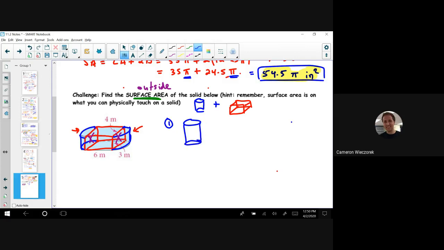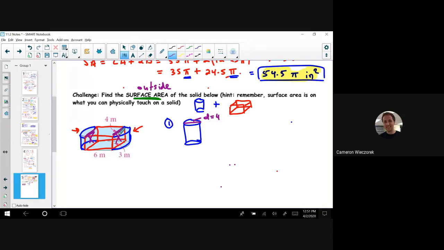What do I need? Well, if I want to find the lateral area, I need to know the perimeter of the base, so I need the circumference. What do we know? This little diameter right here is 4, right across the top. So I know the diameter is 4.